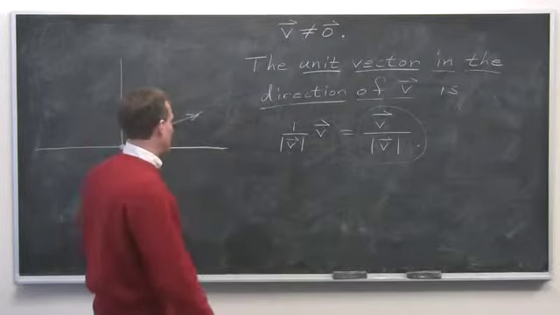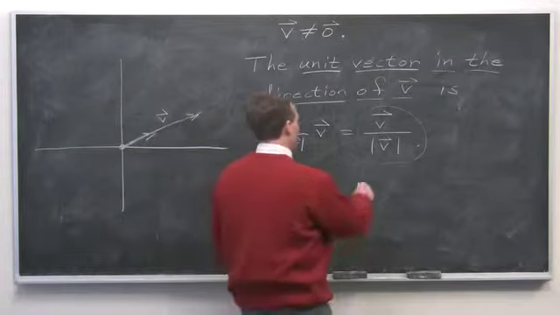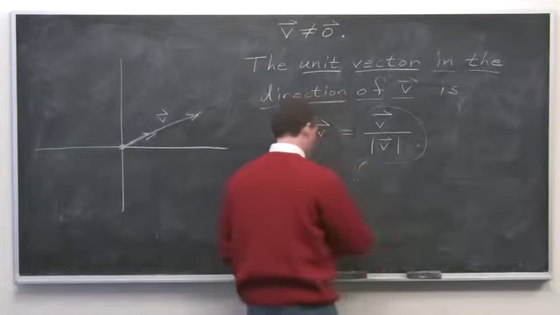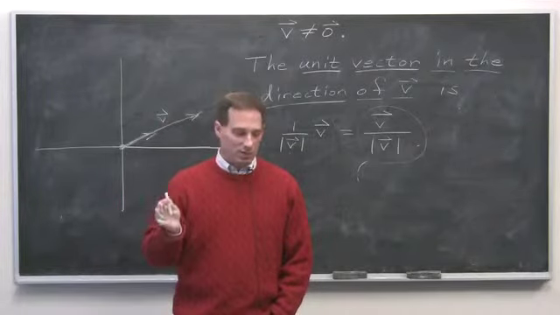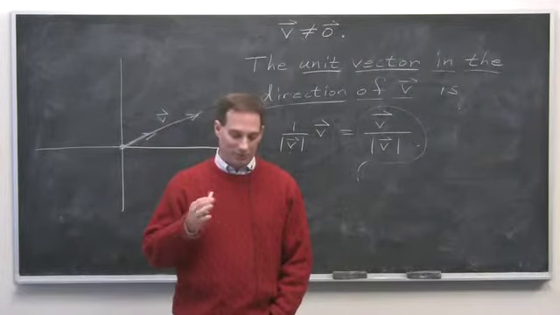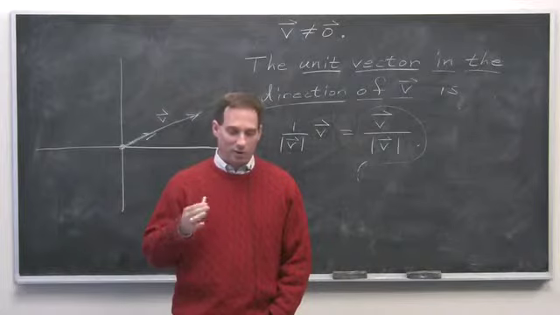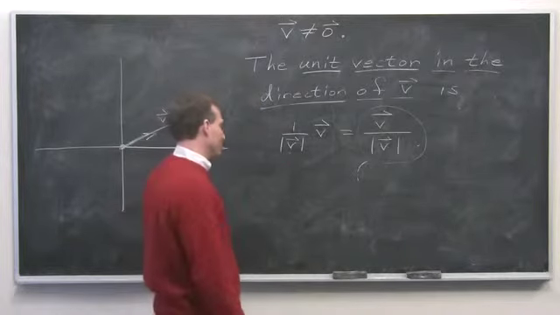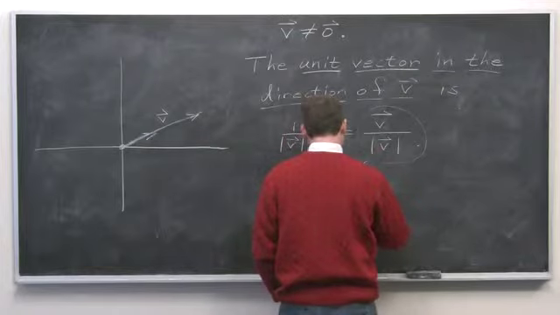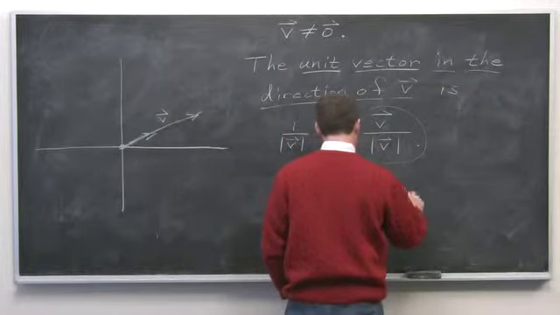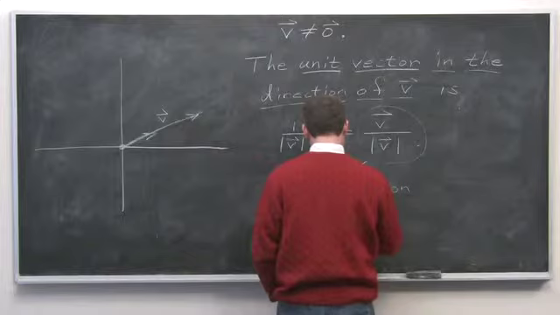Yes, that's what we're saying. It's a little unsatisfying, but you have an intuitive notion of direction in some directions, and that's fine. But for all those directions that don't have names, what do you do? Well, this is the best we can do. This is technically, mathematically, what you call the direction of v.